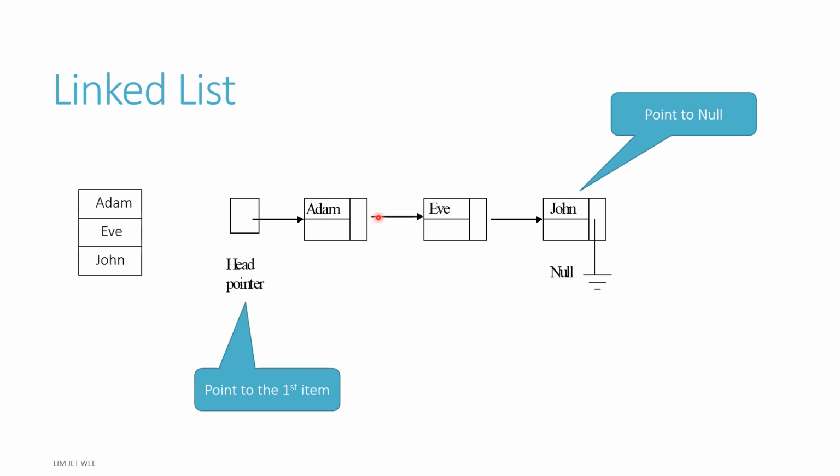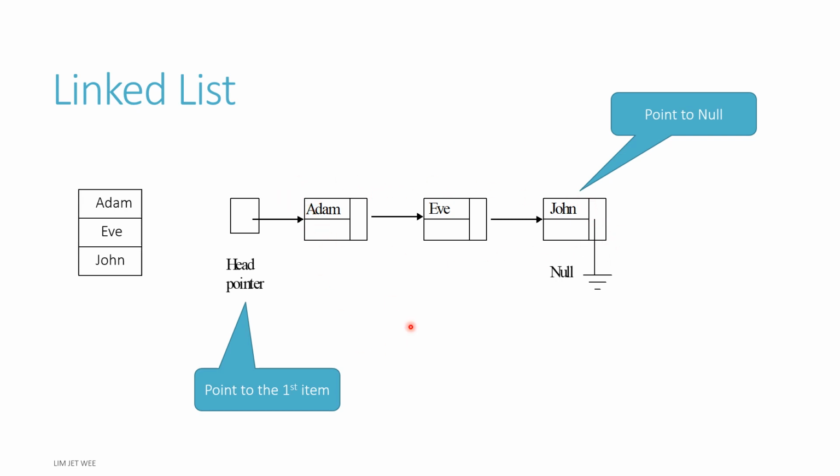All right, so this is just a pointer. Okay, how to implement it, we will talk about that much later. Okay, you will just have a pointer. So Adam will have to point to Eve, Eve will have to point to John. All right, so now Adam, Eve, and John, all three of them are linked together.